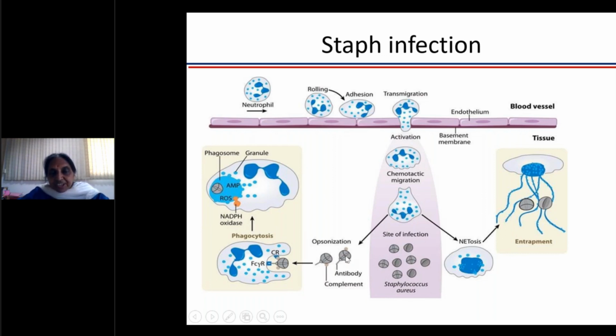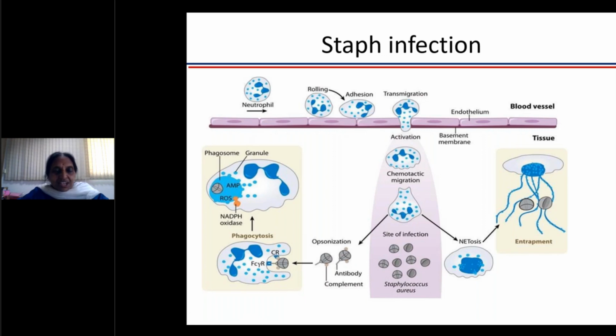Or, if we already have pre-existing antibodies which can recognize the staph aureus, the staph aureus will get coated by these antibodies and will be taken up by these phagocytes either through complement receptors, because as we know, antibodies can bind complement, and this can bind to the complement receptor, or the antibodies can directly bind to the Fc receptors which bind the Fc portion of immunoglobulin.